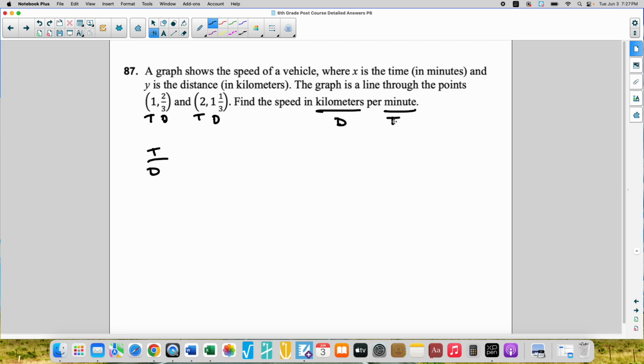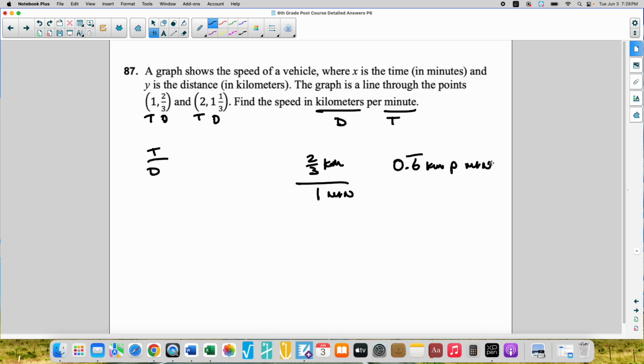So these are in minutes and kilometers, so wouldn't it be 2/3 kilometers per minute, per 1 minute? So the speed is going to be 0.6 kilometers per minute. That wasn't really too tricky.